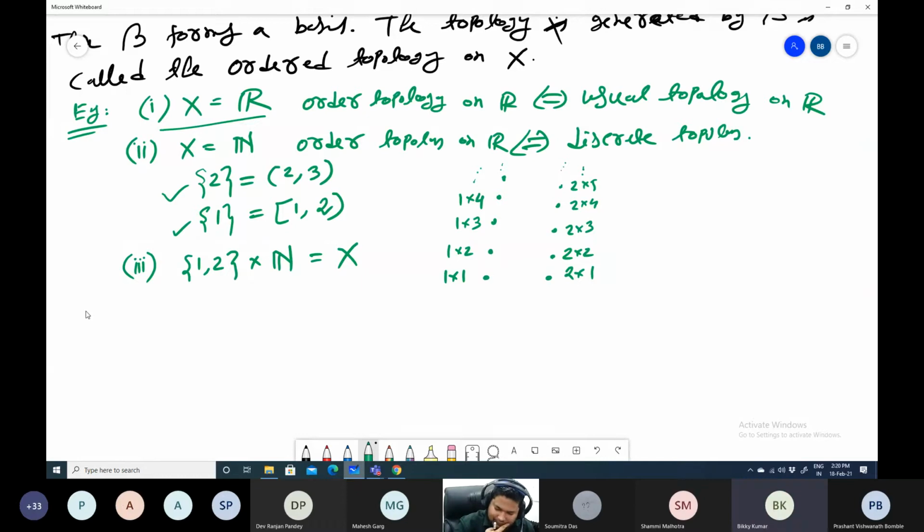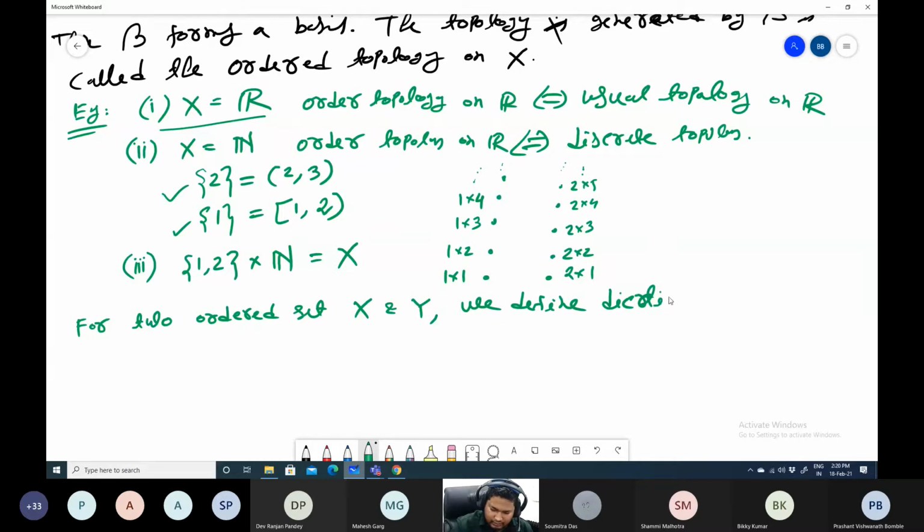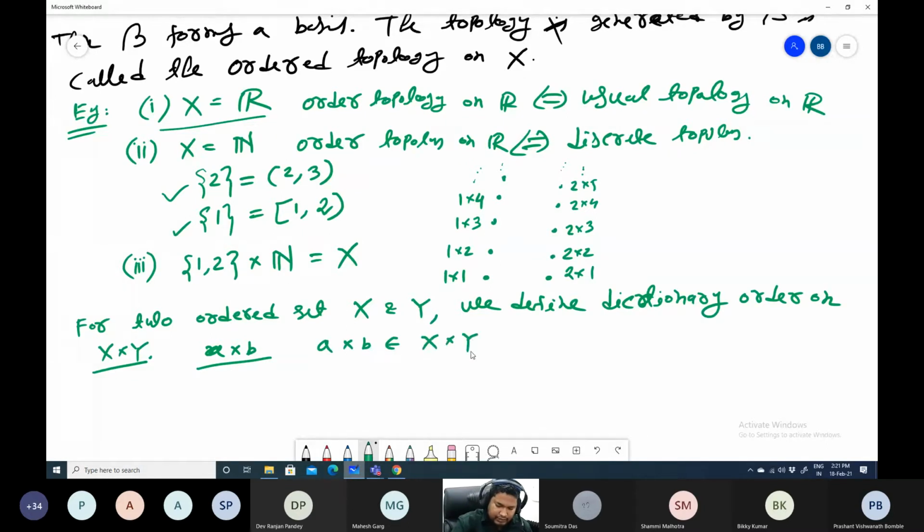So, for two ordered sets X and Y, we define what is called the dictionary order on X cross Y. In the sense that we take elements of X cross Y as A cross B, that means A belongs to X and B belongs to Y.